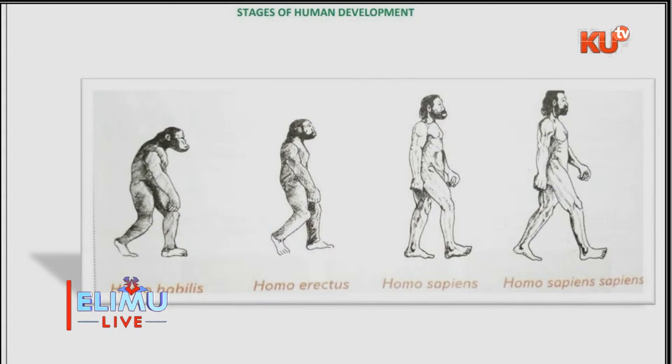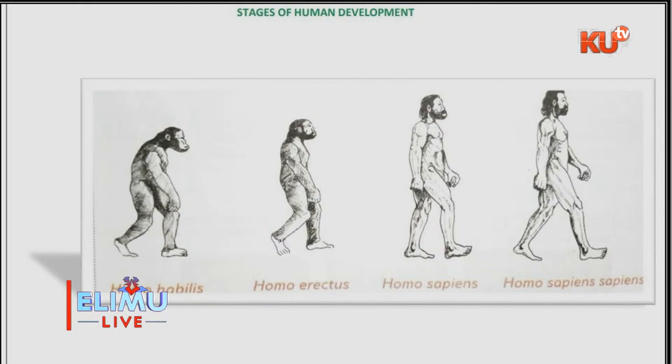As you can see, Homo habilis, who is the first creature on our screen, if you look at his posture compared to Homo erectus, you will see that the posture is only slightly upright, not like Homo sapiens sapiens. And still on Homo habilis, if you compare the face of Homo habilis and Homo sapiens sapiens, you'll find that his face is very sharp, and also his body is hairy.